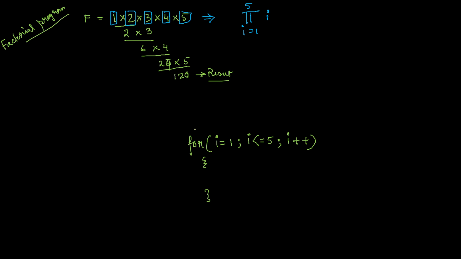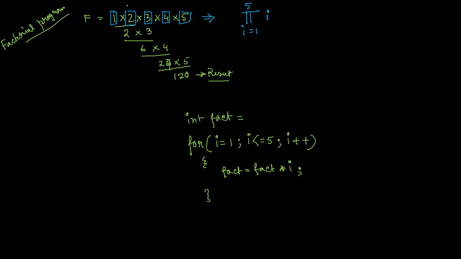So you can say that the variable name can be fact, but is it really fact should be 0? No. Why you cannot? Because ultimately you will write here fact equal to fact into I. Fact equal to I means 1, then it will become 2, then 3, then 4.